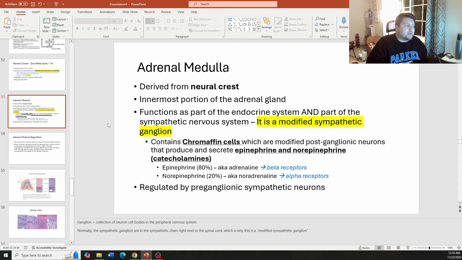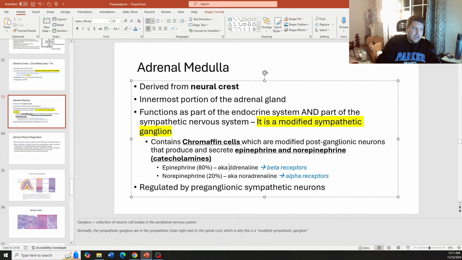So if we talk about catecholamines, that's what we're talking about, epinephrine and norepinephrine. I believe we've mentioned this before, but epinephrine and norepinephrine are special because they are both neurotransmitters and hormones. We use epinephrine a lot in our actual neurons communicating with each other, but we also use it here as a hormone that circulates through the body.